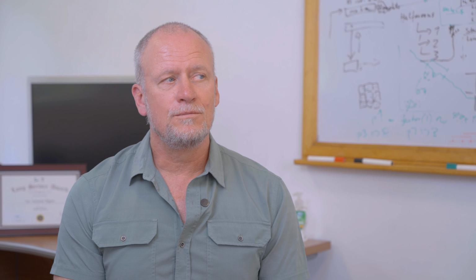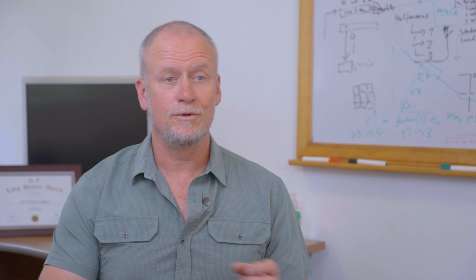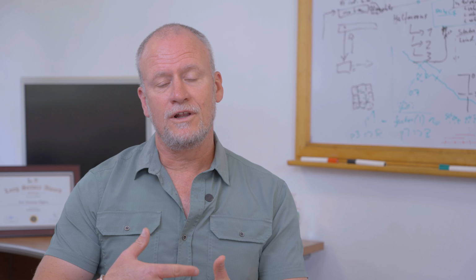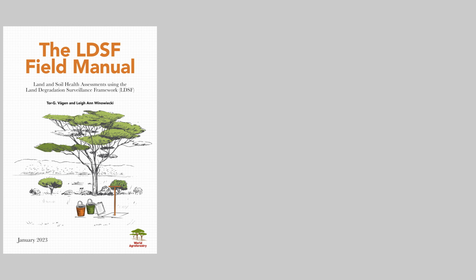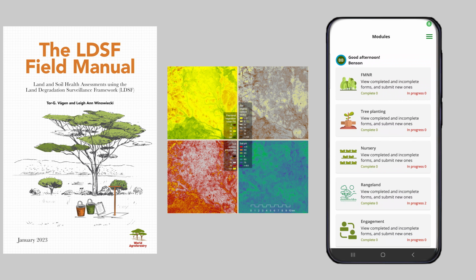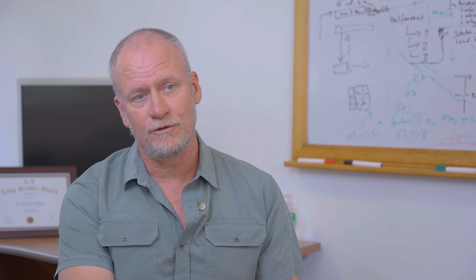But I think the important thing is that all these things go together. So it's not as if the Regreening app or the citizen science tools are a separate thing from, for example, the LDSF or from the predictive modeling. All these things go together. So basically, it allows us to leverage data from the LDSF to do the predictive modeling that we can then feed into the apps to generate recommendations for pastoralists or farmers.